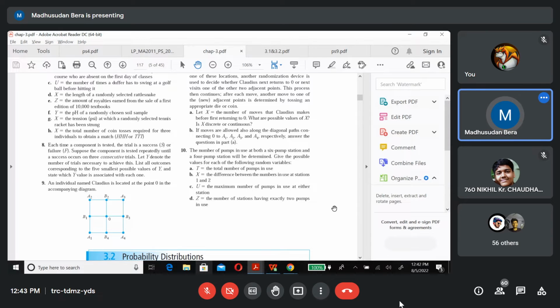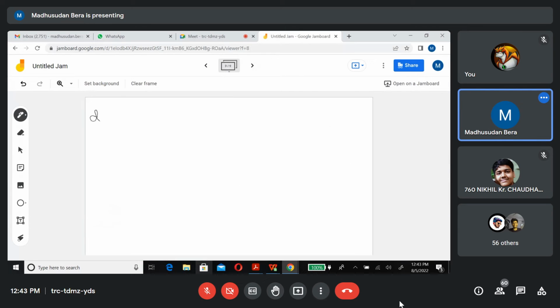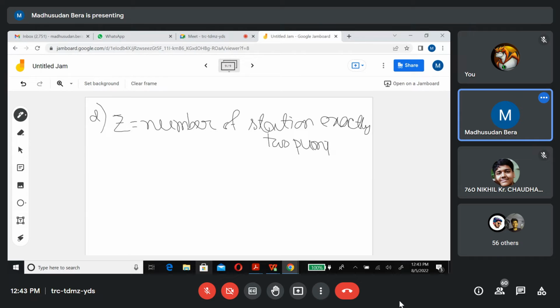Z is the number of stations having exactly 2 pumps in use. See, how many stations are there? 2 stations. So Z value will be either 0, 1 or 2.